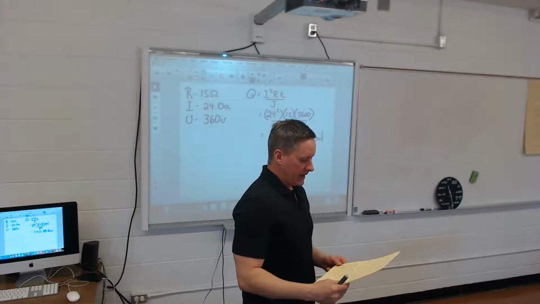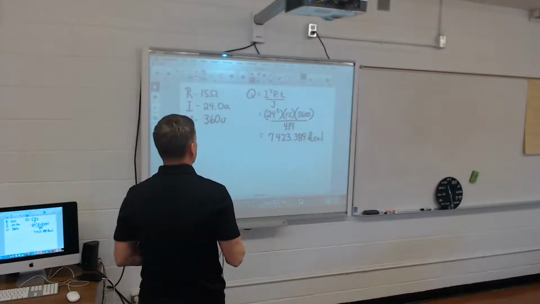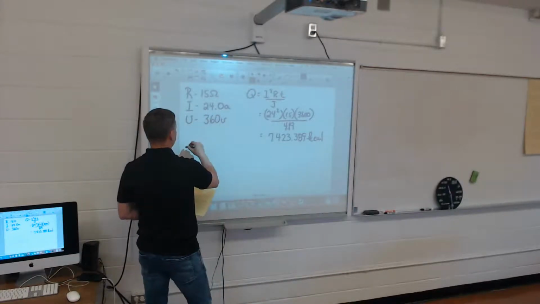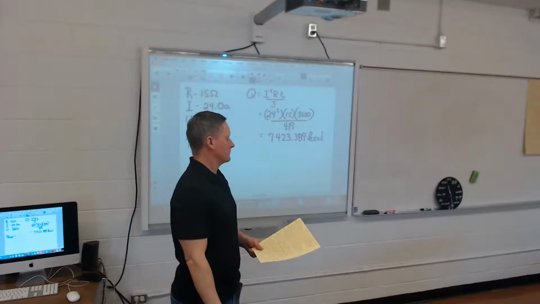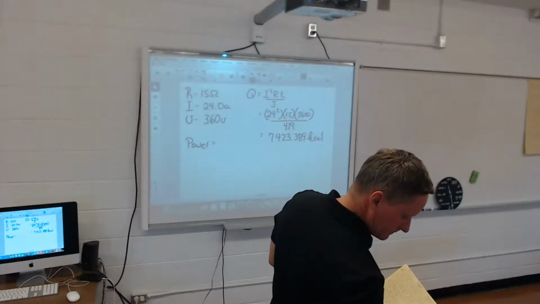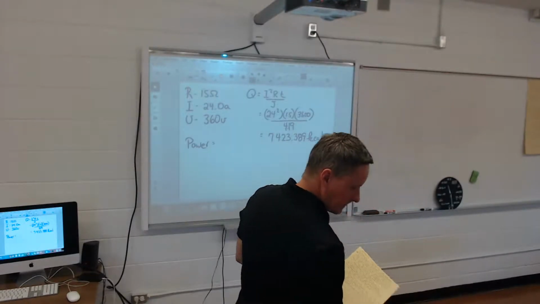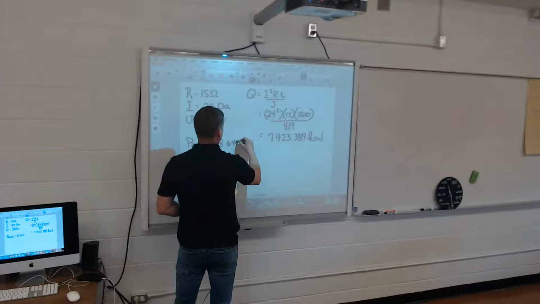And then it says, what is the cost of 2 hours of operation at 8.5 cents per kilowatt hour? So we have to find the power then. You can use I squared R, V times I, whatever you want. So I get a power of 8,640 watts.